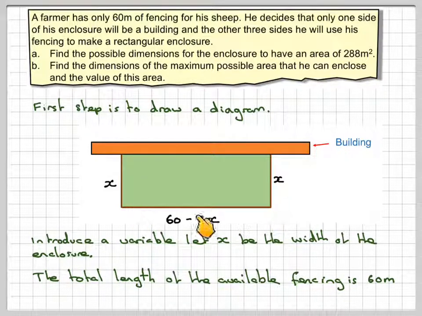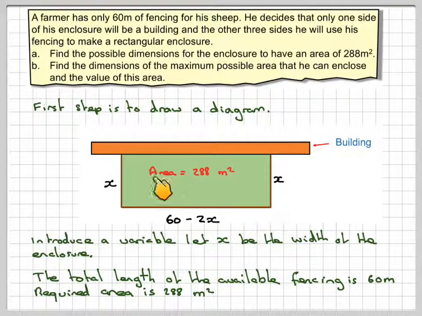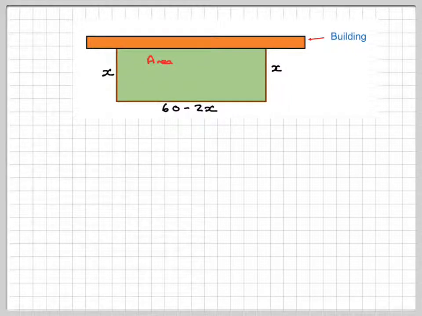So once we've got a diagram with the dimensions on it, now what we've got to do is form an expression for the area. So the required area will be 288 meters squared, which is this here, in order to answer part A. So, going back to our diagram, how would we find the area of this green bit here? If we had the length, we would do this length multiplied by this length.